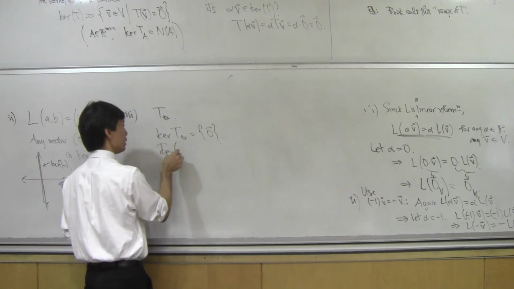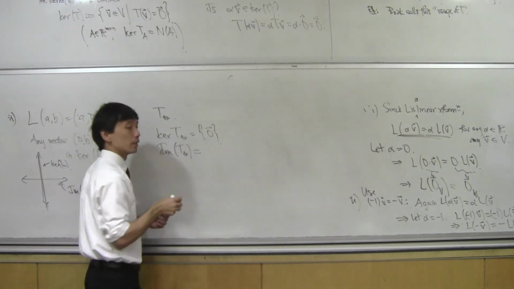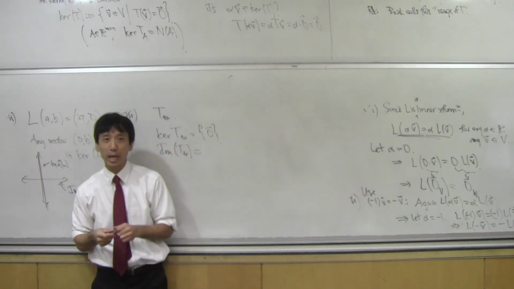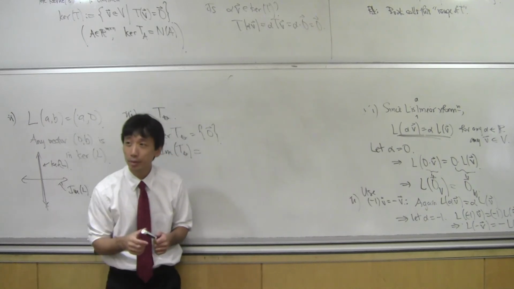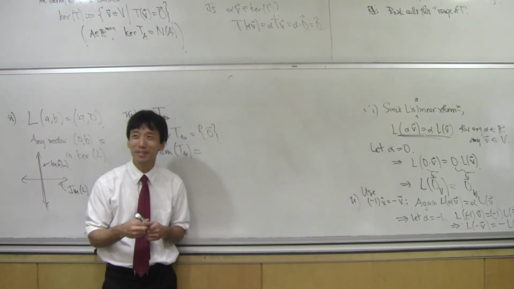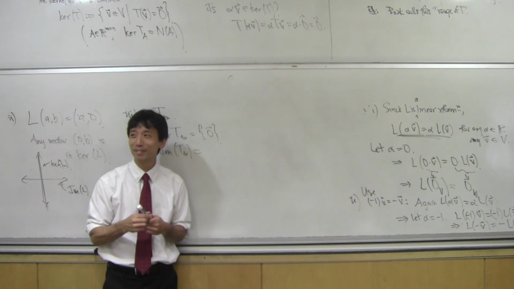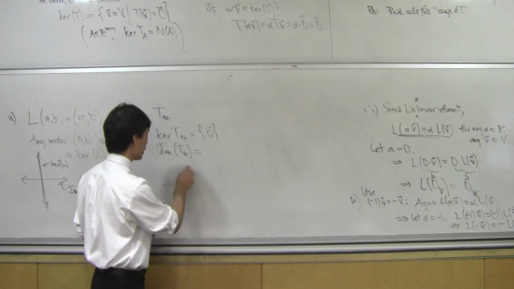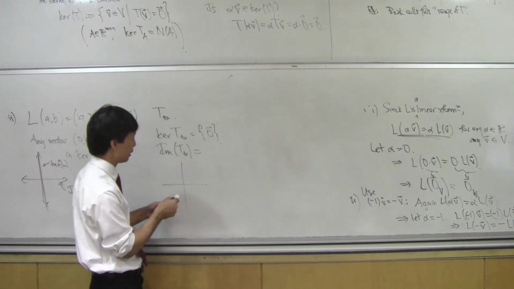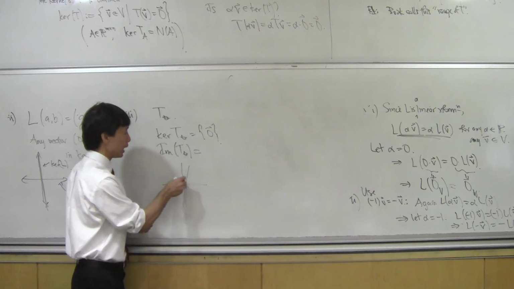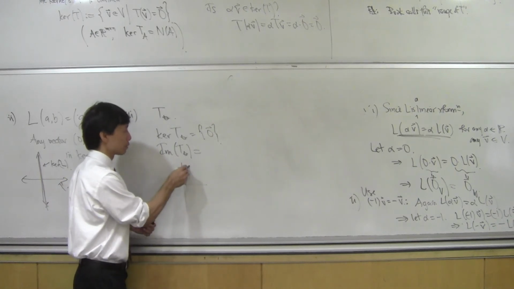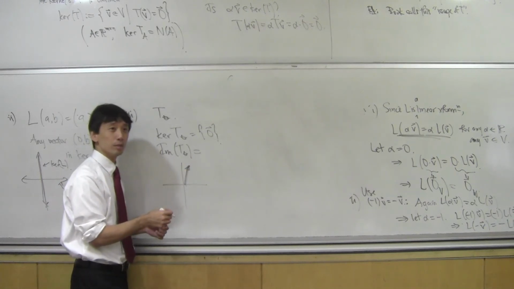What about the image of T theta? What kind of things can you get out as an output? Anybody want to say? Can I get this vector as an output? Sure, right?